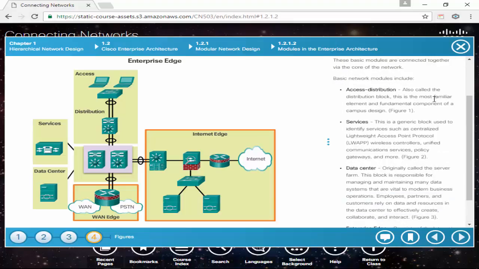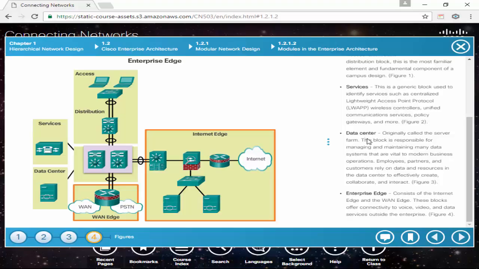The access and distribution module is also called the distribution block. This is the most familiar, fundamental component of a campus design. The services module is a general block to identify services such as lightweight access point protocols with wireless controllers, unified communication services, policy gateways, and more. Unified communications means VoIP and video.